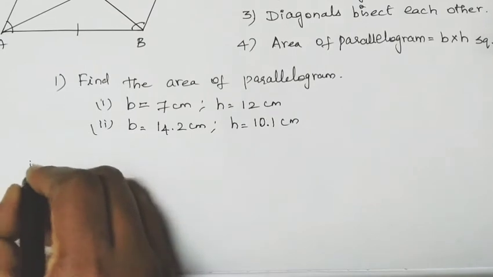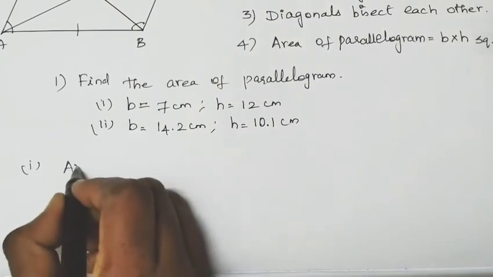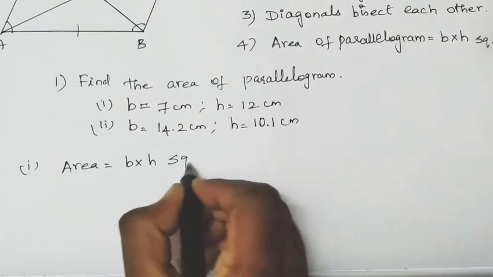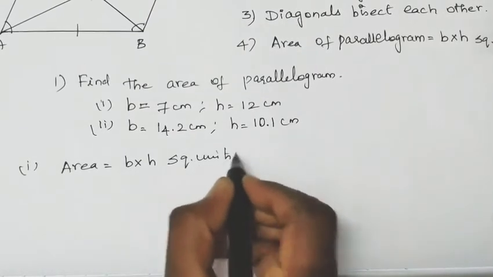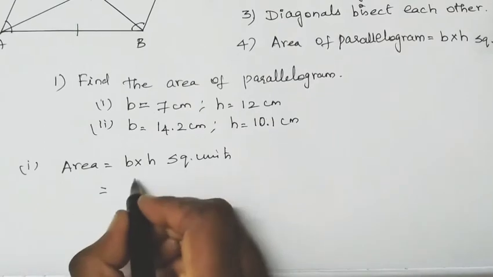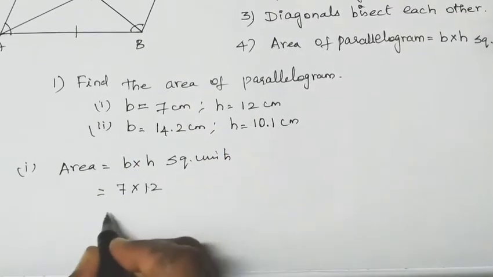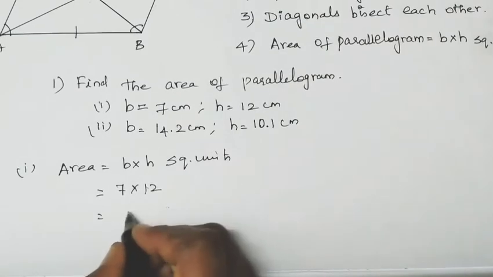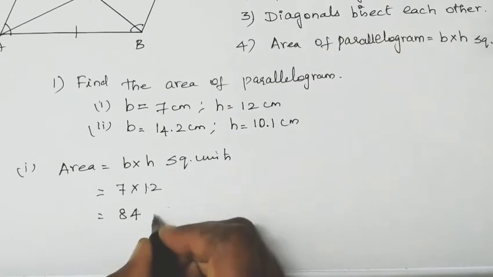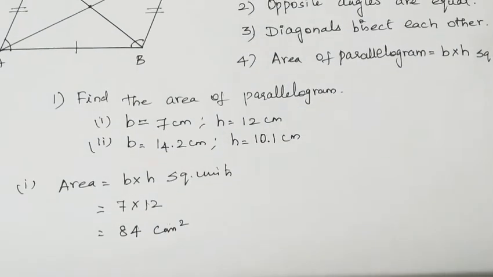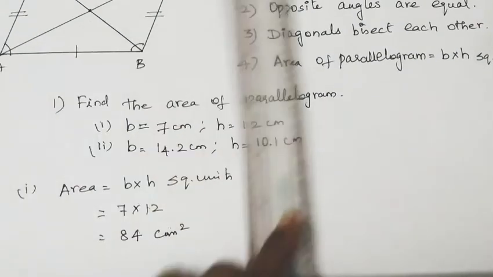So we know area of a parallelogram is base into height square units. So base here is 7 into height is 12. 7 12s are 84. So 84 centimeter squared. Now second subdivision.